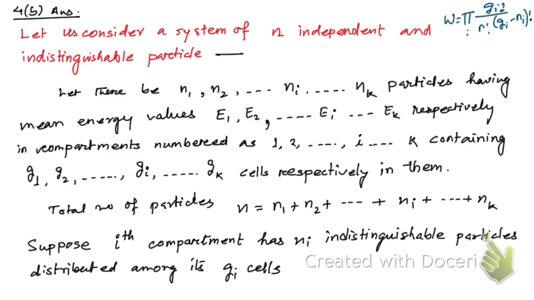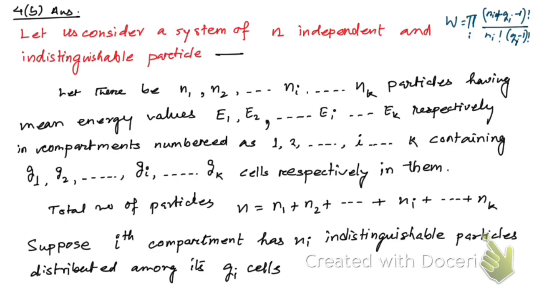And in case of Bose-Einstein statistics, W is equal to the multiplication of ni plus gi minus 1 factorial divided by ni factorial into gi minus 1 factorial.